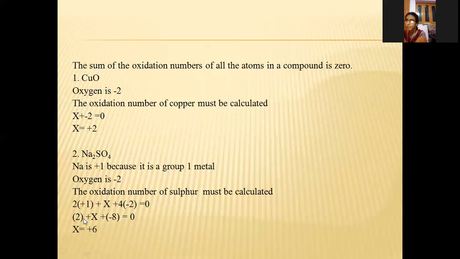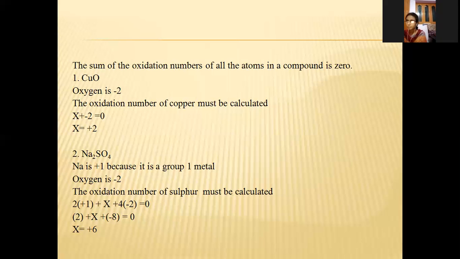Minus 8 plus 2 is minus 6, because 8 is larger than 2. So we get minus 6. If minus 6 is shifted to the other side, we get plus 6. So the oxidation number of sulfur is plus 6.